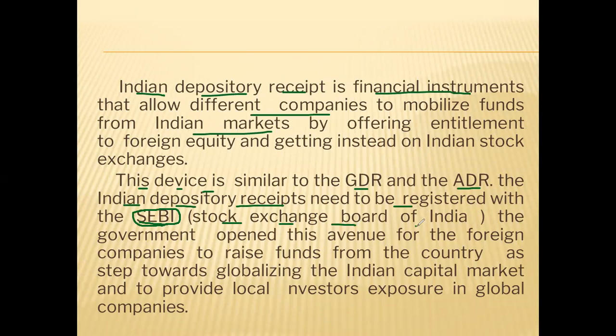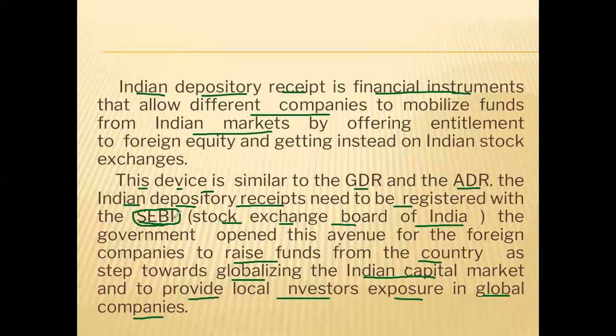The government has opened this avenue for foreign companies to raise funds from the country as a step towards globalizing the Indian capital market and to provide local investors exposure in the global market.